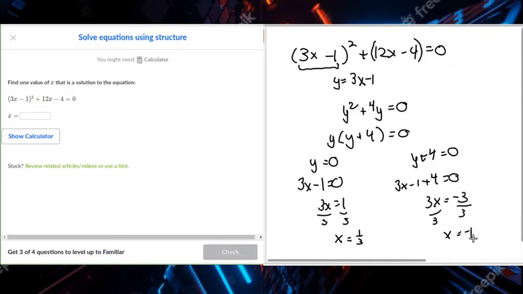Here I've got -1. 3 times -1 is -3. Minus 1 is -4. -4 squared is 16. So this part right here is 16. And here I've got 12 times -1 is -12, minus 4 is -16. So I have 16 minus 16 is 0, so both of those work.